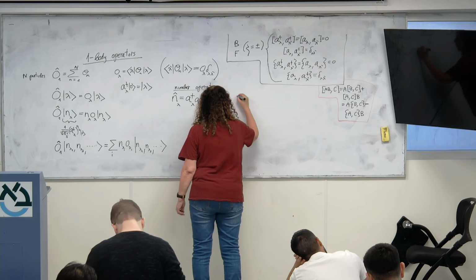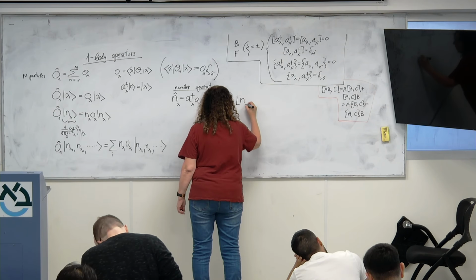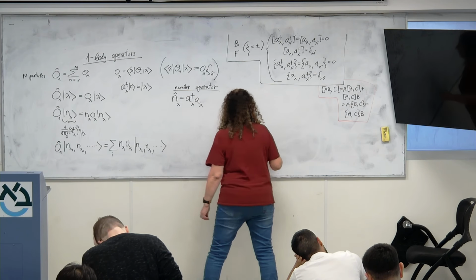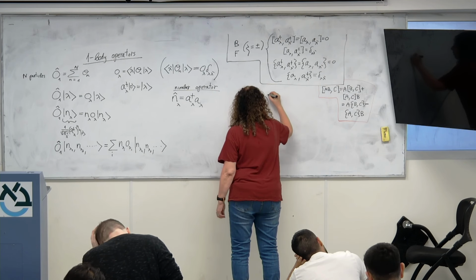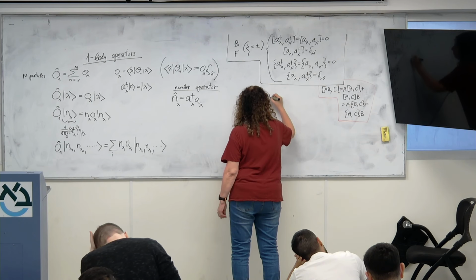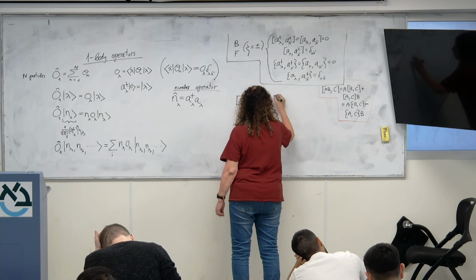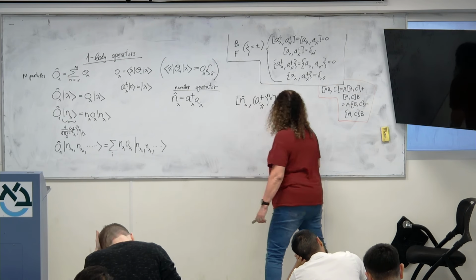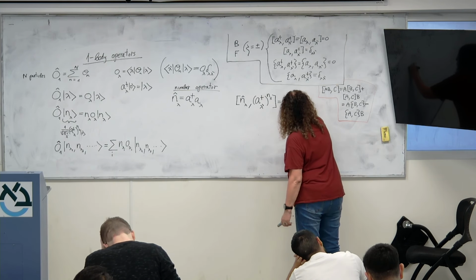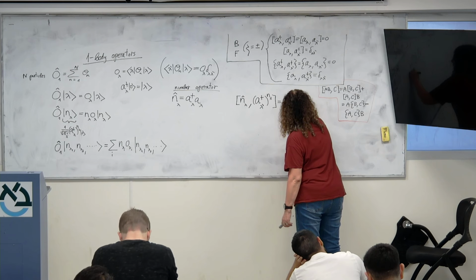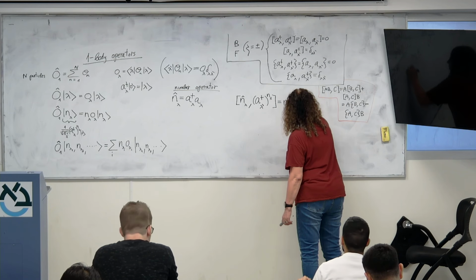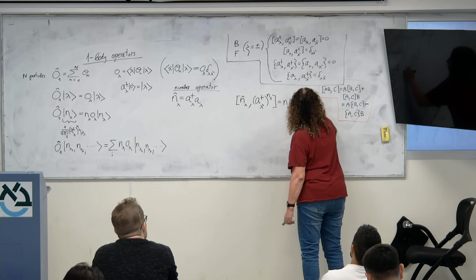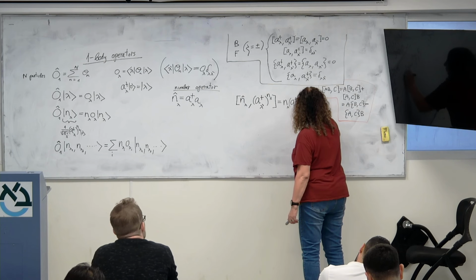You can show that the commutator of n_λ with (a_λ'†) to the power n_λ' is just n_λ times (a_λ†) to the power n_λ times a delta.